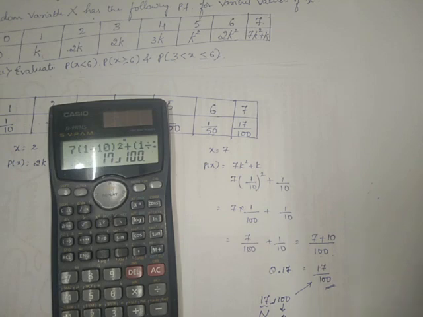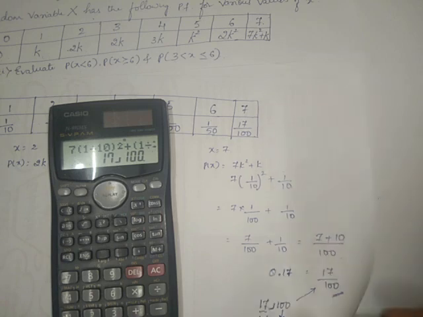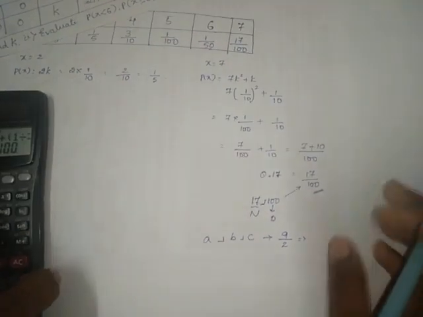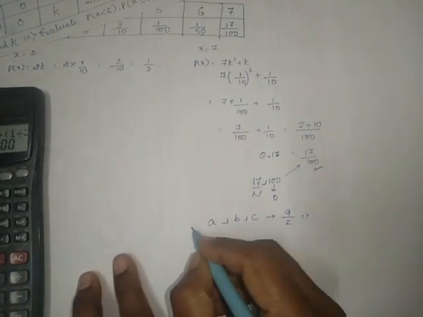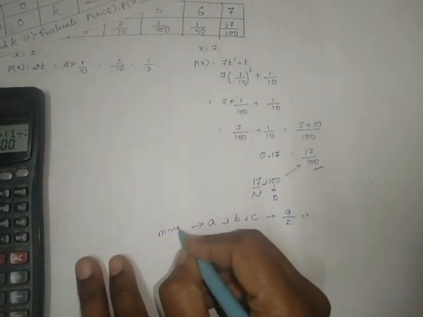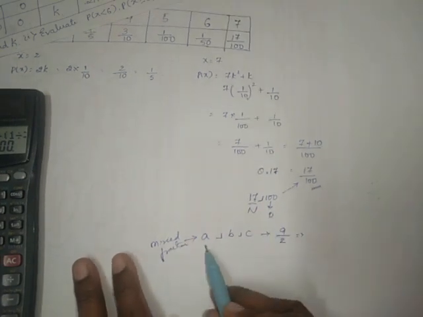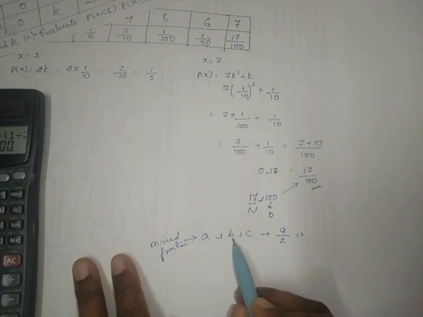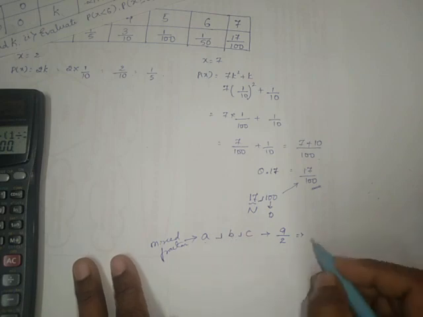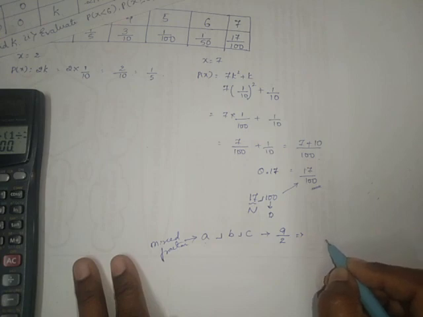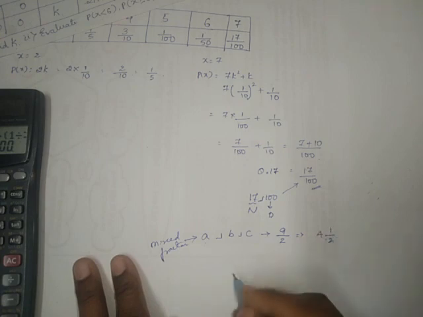For example, if it is 9 by 2, for the mixed fraction we will get it like this. The format is A symbol, B that symbol, and C. For this we will get 4 1 2.